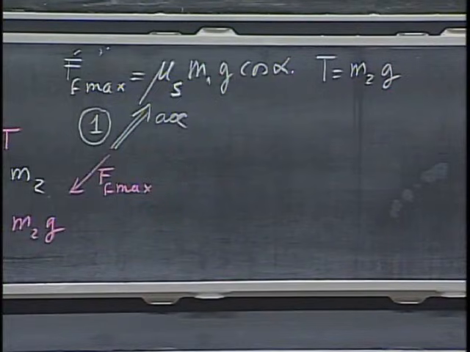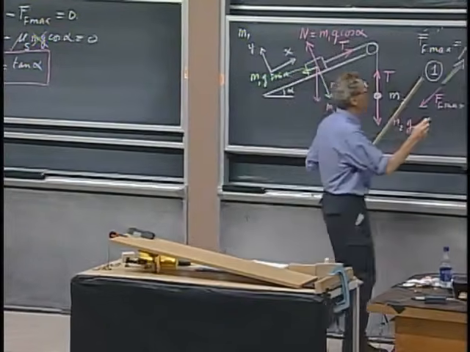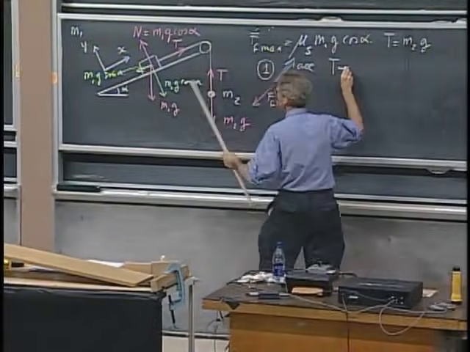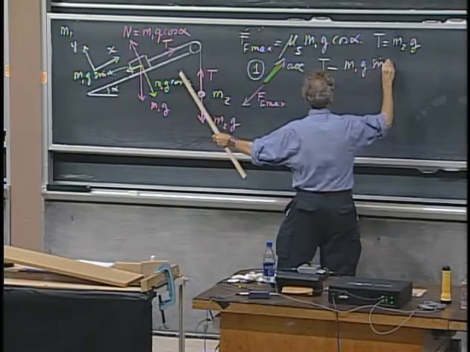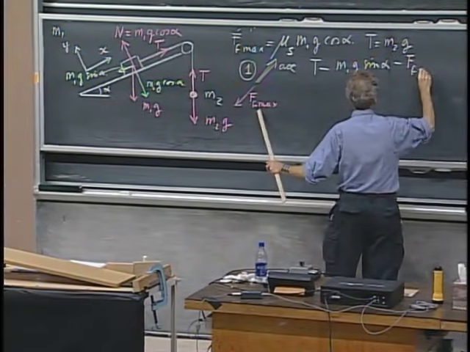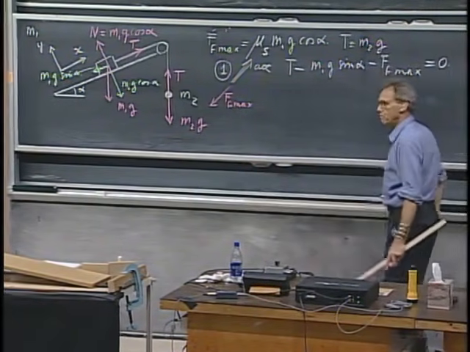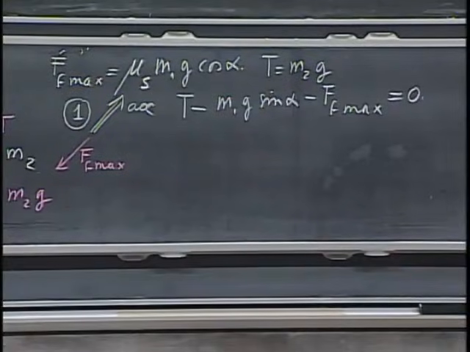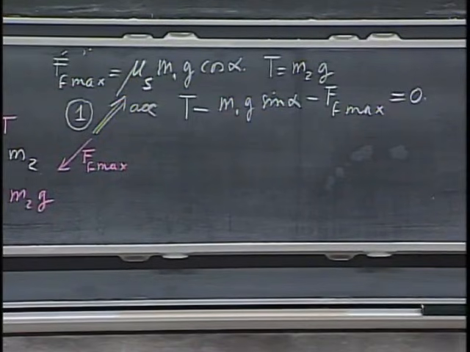Now I can write down Newton's second law in the x direction. Now I have T, which is in the positive direction, minus m1g sine alpha, minus f max. That now has to be 0, just at the moment that it is about to change its mind and start accelerating.